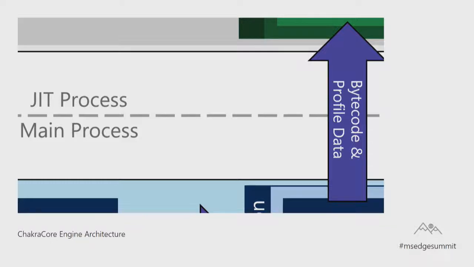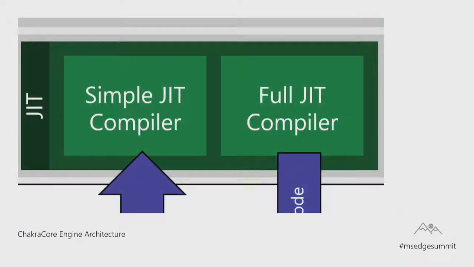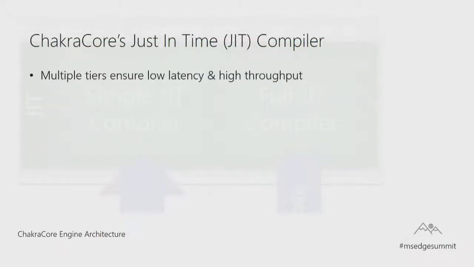So we go from the interpreter to the JIT here, and the JIT, which stands for just-in-time compiler, like I mentioned, has the job of producing machine code. ChakraCore's JIT is actually multi-tiered. I mentioned the interpreter spends nothing, executes code immediately, but more slowly.